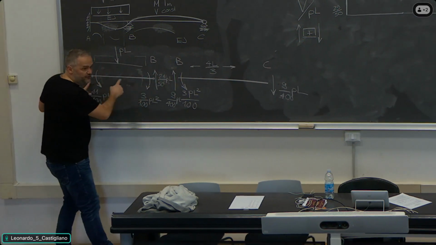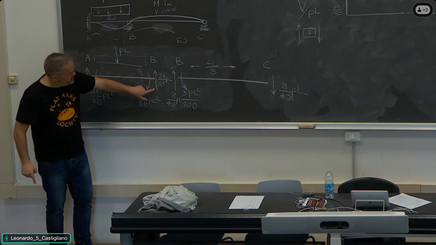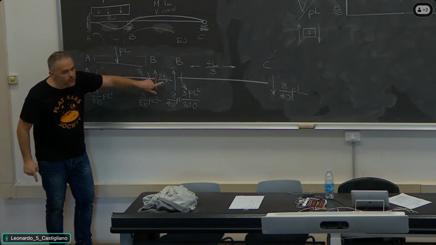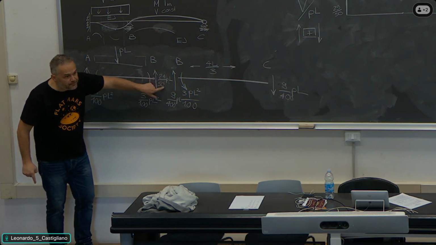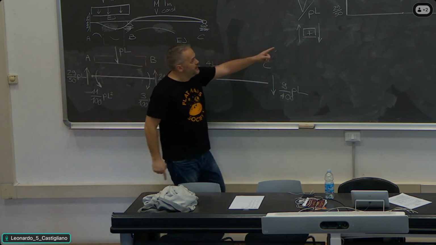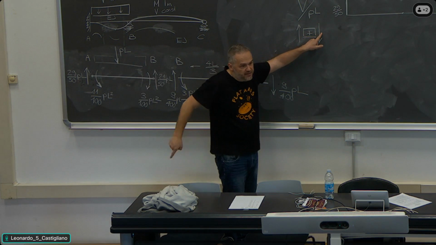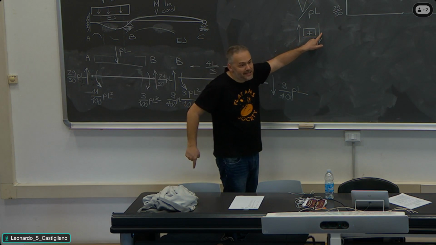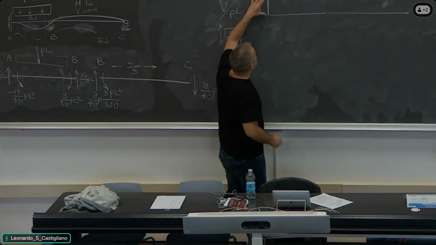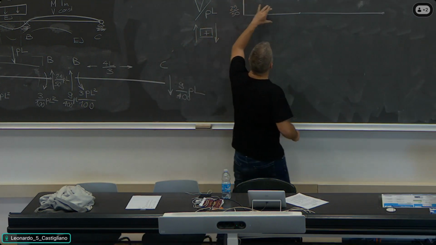Right end of the first span, upwards, 21/50. Right end is positive if it's downwards. Since we have it upwards, this 21/50 is negative. It's a little bit smaller than this. Let's mark it like this.